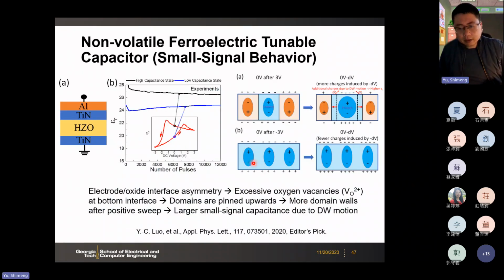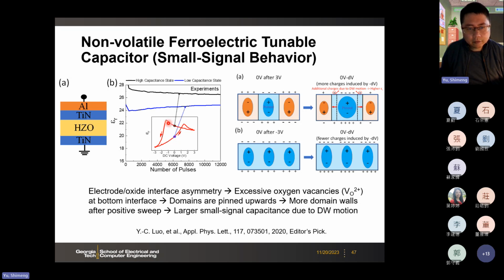And then in our lab, about 3 years ago, we discovered this non-volatile ferroelectric tunable capacitor behavior. This is a small signal behavior. So in our initial demonstration, we have this ferro cap, hafnium zirconium oxide, between two titanium nitride electrodes.